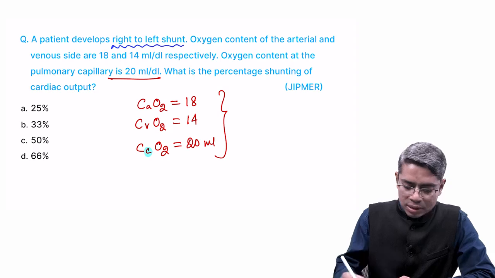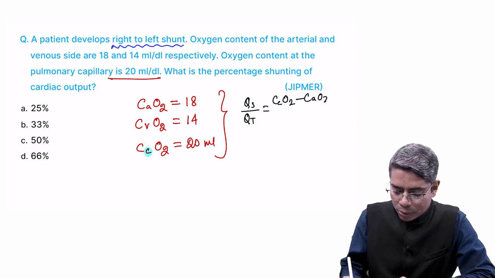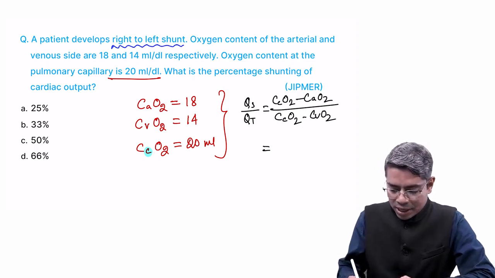So what is the formula we have just learned? QS upon QT is equal to CcO2 minus CaO2 upon CcO2 minus CvO2. Now here the CcO2 has been given as 20, CaO2 is given 18, okay. So 20, and CvO2 is given 14.